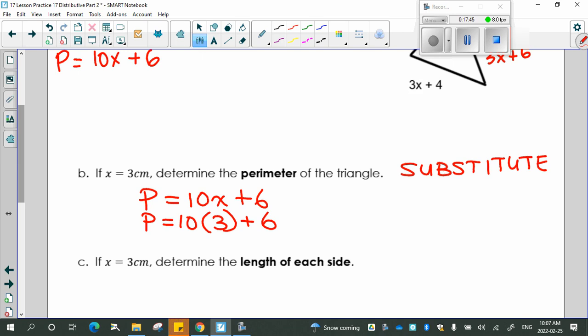And if I follow order of operations, I'm going to multiply before I add. So that's going to be 30 plus 6, which is going to be 36, but there were units. So make sure whenever there's units, you include them with your answer. So the perimeter is 36 centimeters.